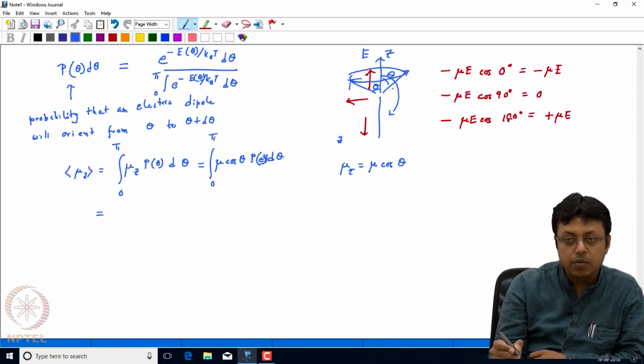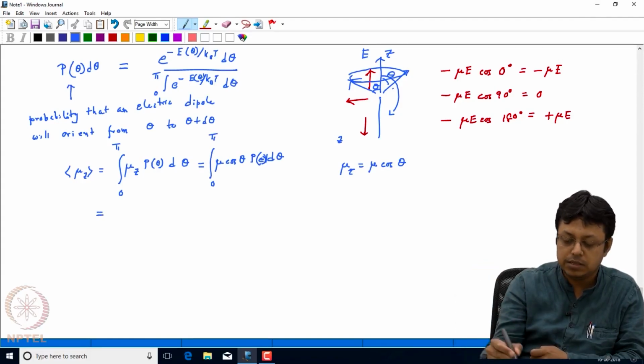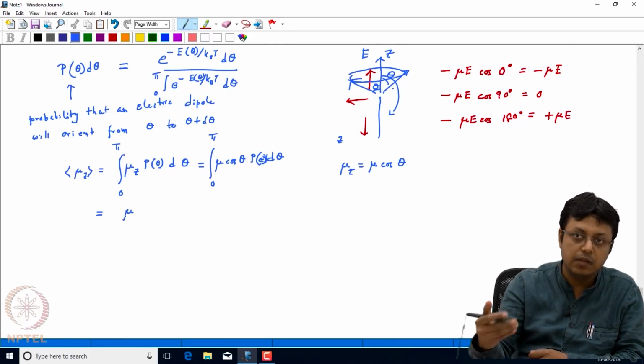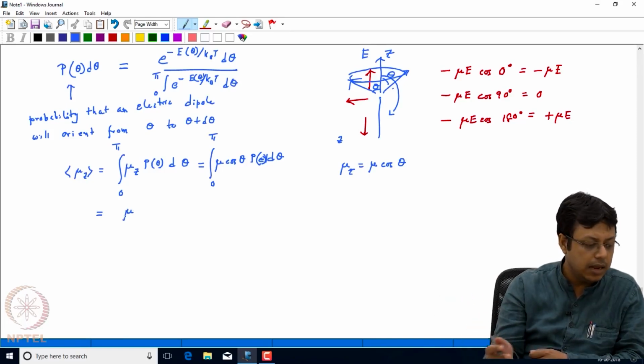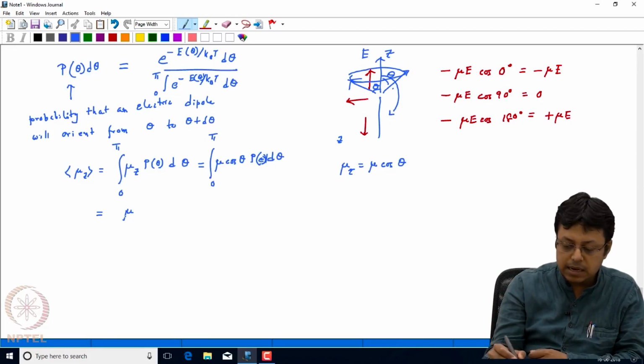Now mu is constant because mu is basically the overall magnitude, the length of the vector, which is dependent on the strength of the electric field, alpha times E, and that we can take out of the integration because it's the length of the vector. And then inside the parenthesis I have a cos theta, and then the integration.